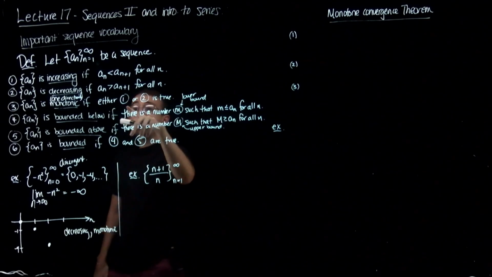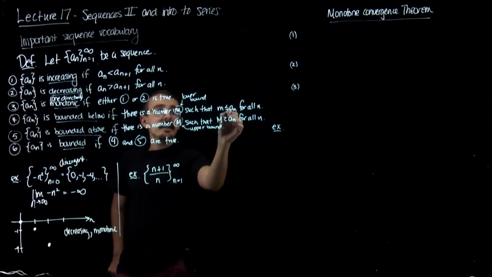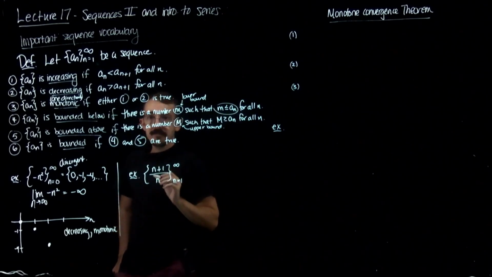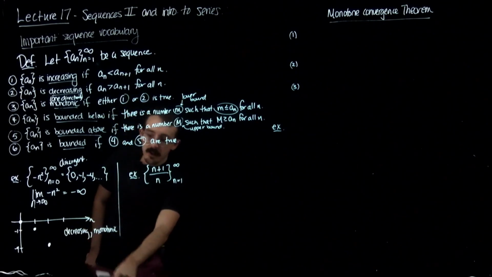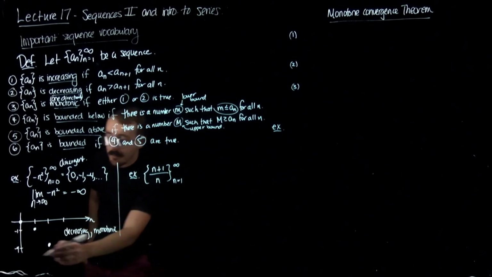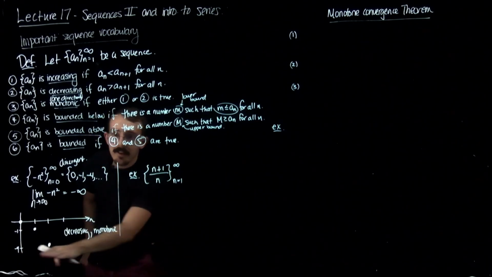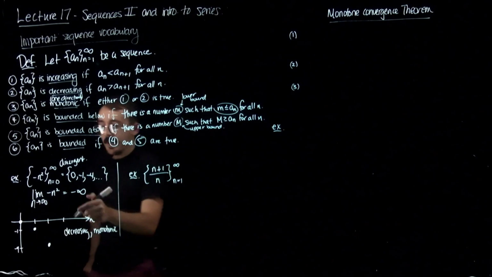And then bounded below means we can find a number that's going to be lower than all the terms. But that's going to be false because the sequence goes down here forever, to negative infinity. So I'm never going to be able to find a number that's going to trap them all from below. However, there are numbers I could pick for an upper bound.